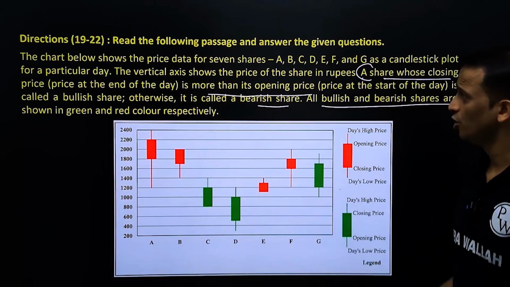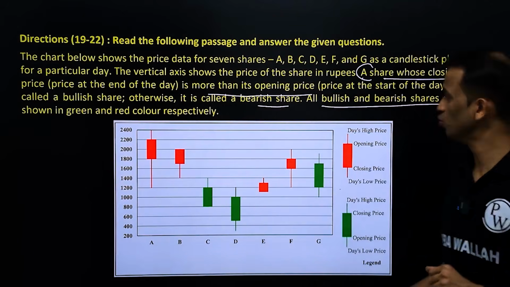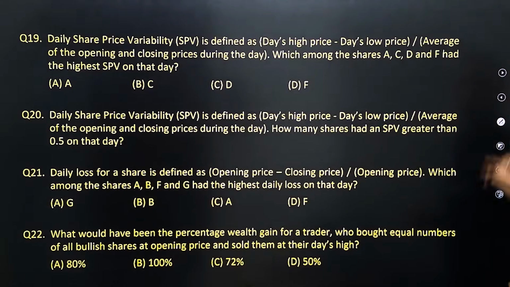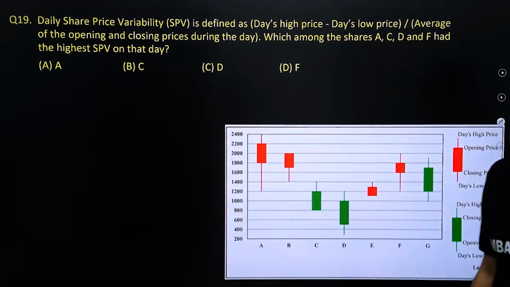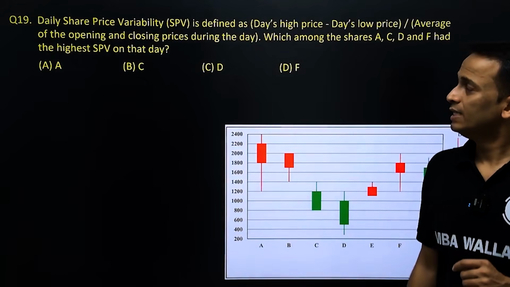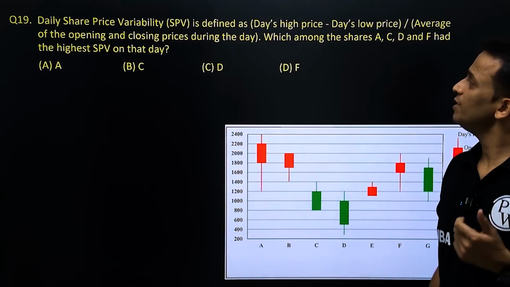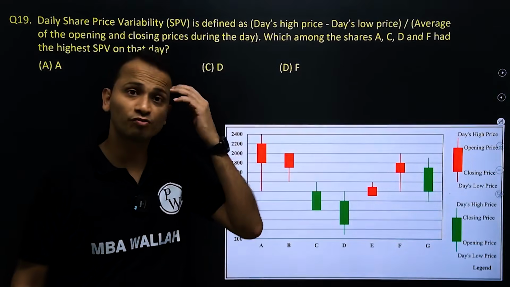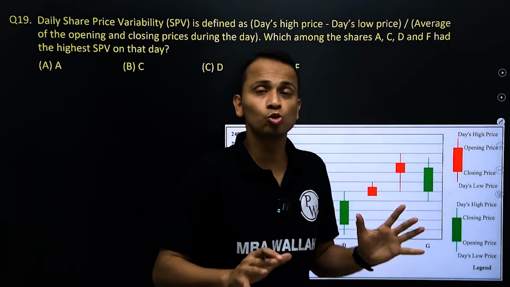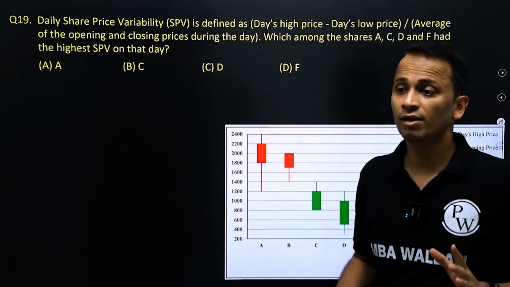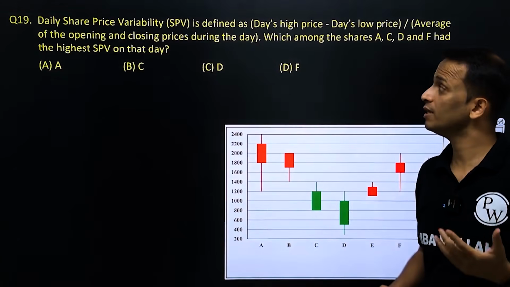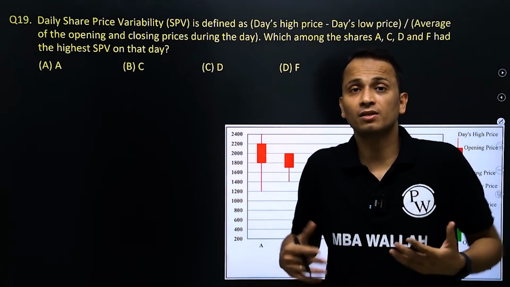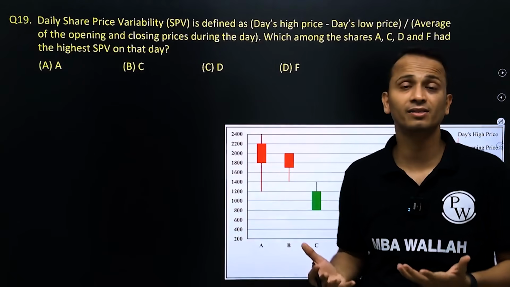Now let's move on to the questions one by one. There were 4 questions. In question number 1, they have defined a term, SPV. You don't have to lose your peace of mind thinking about the SPV. What is this term?